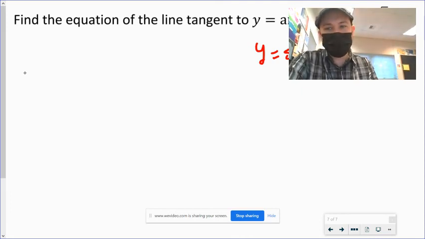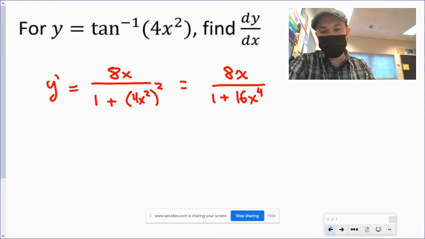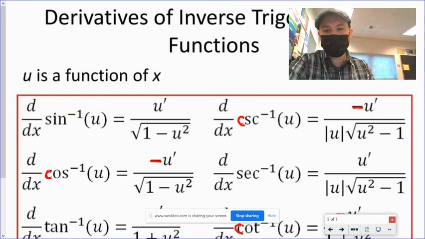All right, so if I find the derivative, I can pretty much just write down the formula, right? Not that I remember it, it's u prime over the square root of 1 minus u squared, or is it u squared minus 1? 1 minus u squared.